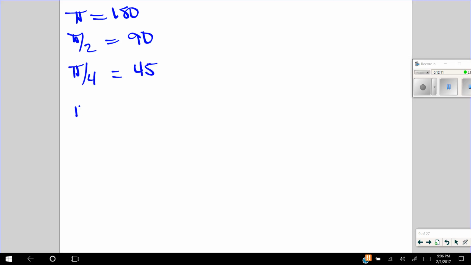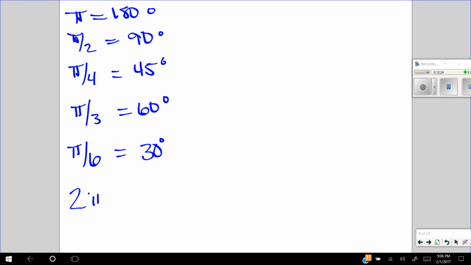So for example, you should know that pi is 180, which would mean that pi over 2 is 90, pi over 4 is 45, pi over 3 is 60, and pi over 6 is 30. Those are the 5 that you absolutely really should know. And I suppose you should know that 2 pi is 360 also. Okay, so that it'll make your conversion process just so much easier.